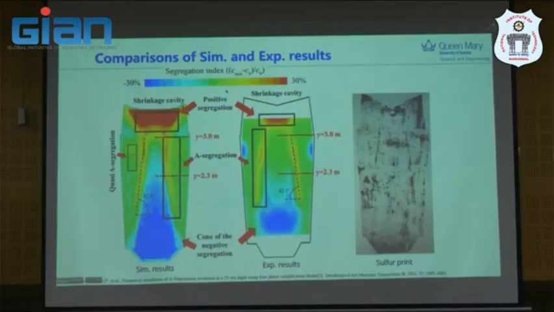And then I will show how to build such a complex model to reproduce this microstructure during the large scale ingot fabrication.